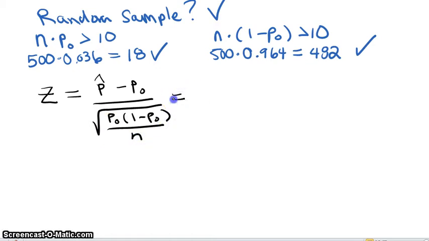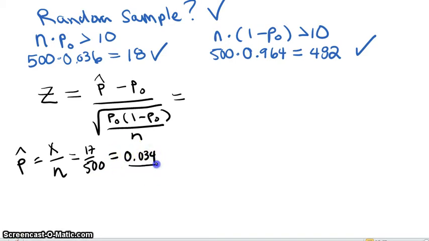So recall, p hat is simply equal to x, the number of successes over the number of trials. And so in this case, that was 17 over 500, which is then equal to, if I want to calculate it to a proportion, 0.034.